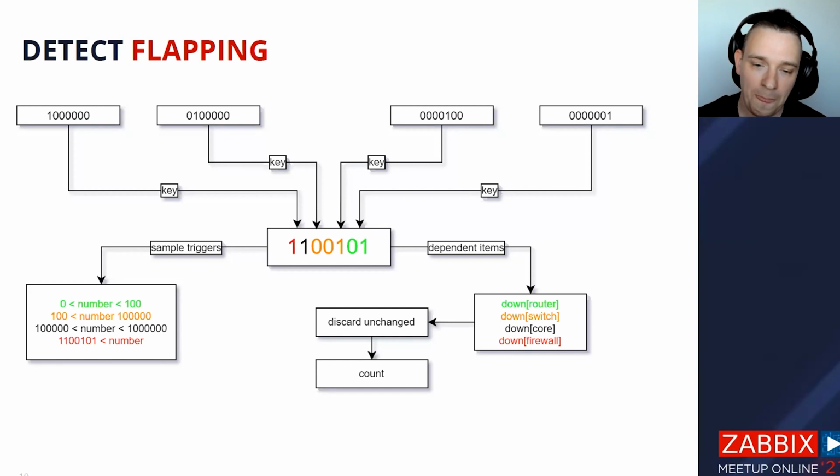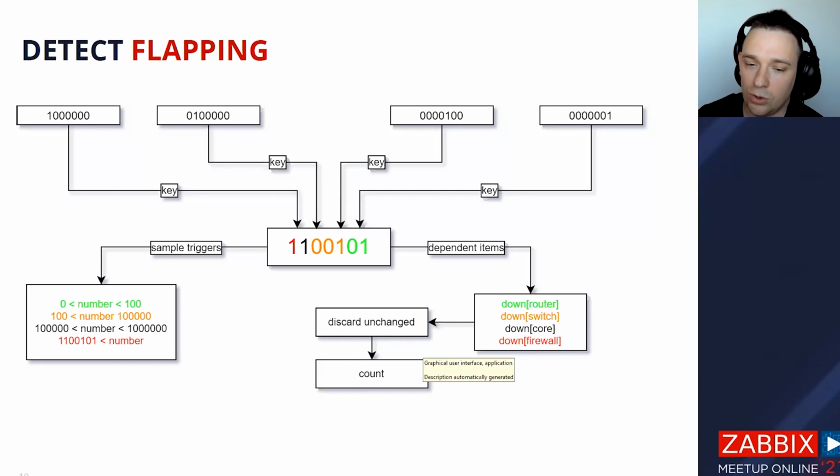In order to solve this problem, we can duplicate these 4 items and have 4 additional items, and these additional items will have discard unchanged as a second or last pre-processing step. So these items will really monitor how the device count is changing for the client.